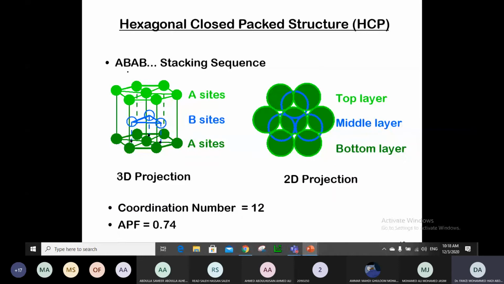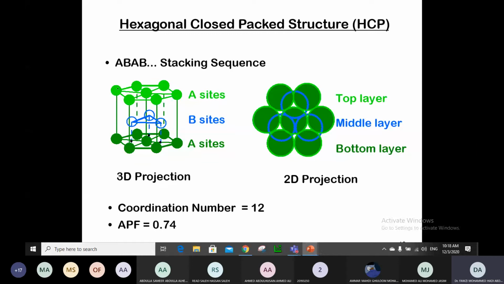There are other things which are different in these two crystal structures, like the stacking sequence, for example. If you notice, this is the hexagonal close-packed crystal structure.